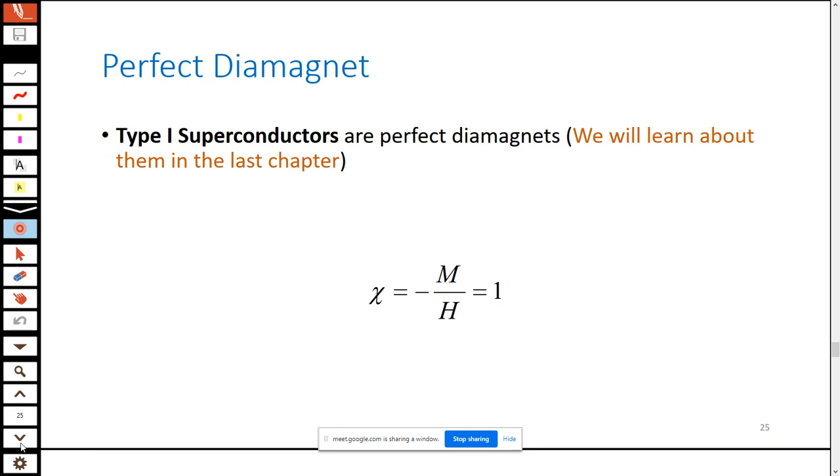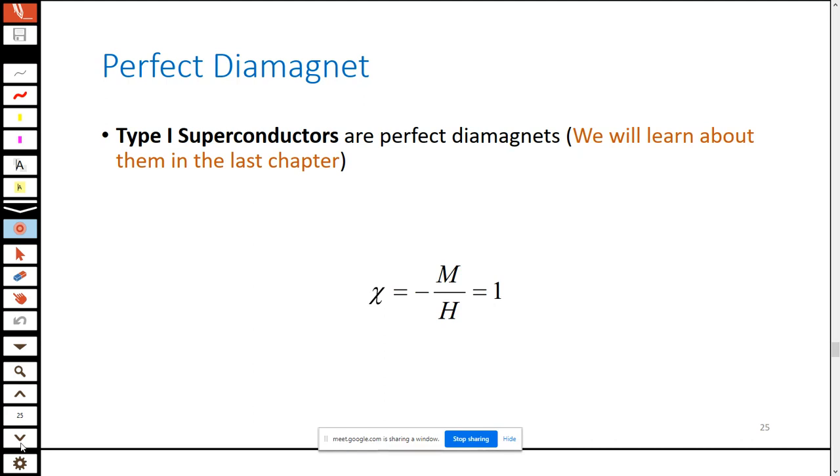These are called superconductors. Superconductors are materials which have no resistivity, or zero resistance, below a certain temperature. Normally it is much lower than room temperature, even very close to 0 Kelvin.